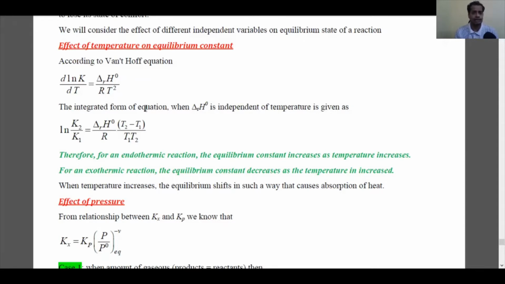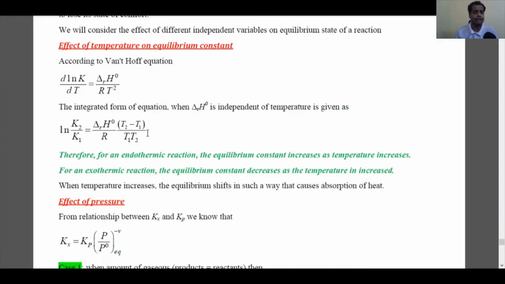The integrated form of this Van 't Hoff equation is ln(K2/K1) equals ΔrH°/R times (T2 minus T1) divided by (T1 times T2). T1 and T2 are two temperatures at two different states, initial state and final state. Similarly, K1 and K2 are equilibrium constants at the two states.